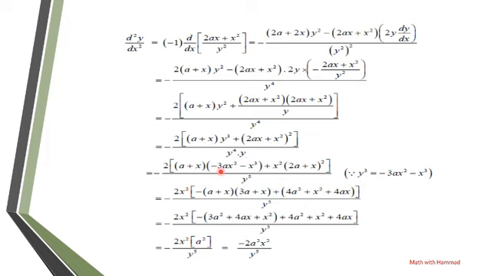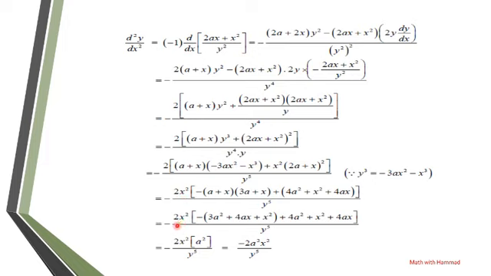Replace the value of y cube, and y4 into y is y raised to power 5. A plus x, take minus common, minus common (3a plus x) plus (4a square plus x square plus 4ax). Open the formula of (2a plus x) whole square and take x square common from this term, and this x square goes outside of the numerator.